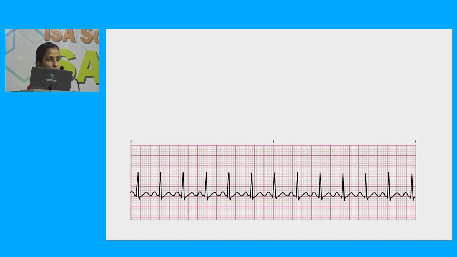And how much is the rate? Approximately. Do you want to help? Next team, can anybody? The rate is 300 divided by the number of large boxes between the RR intervals. Yes. So it is more than 100.